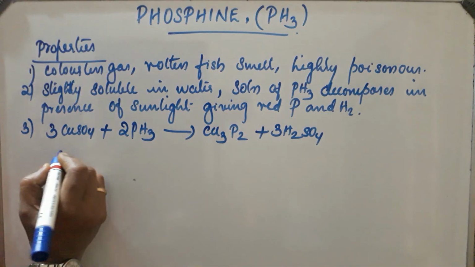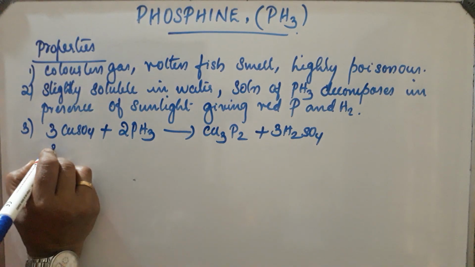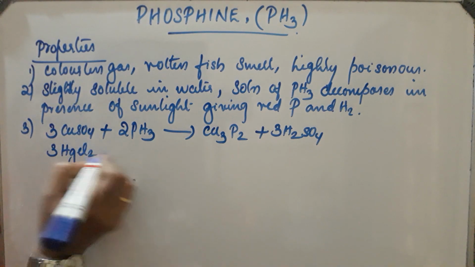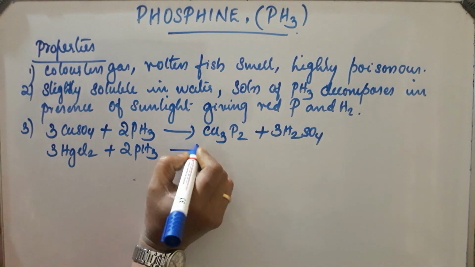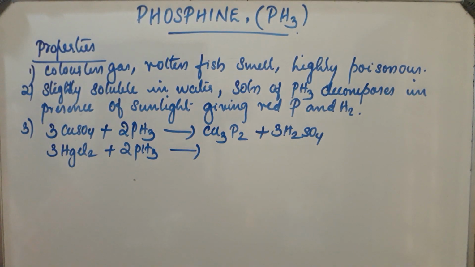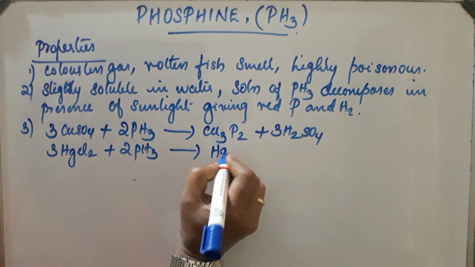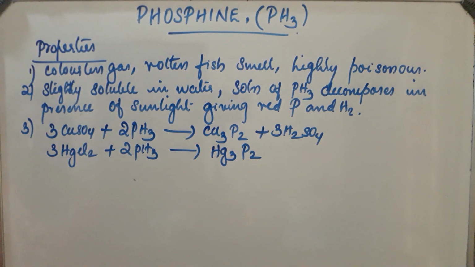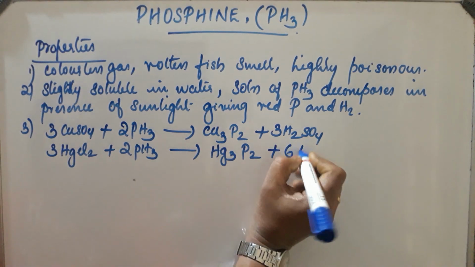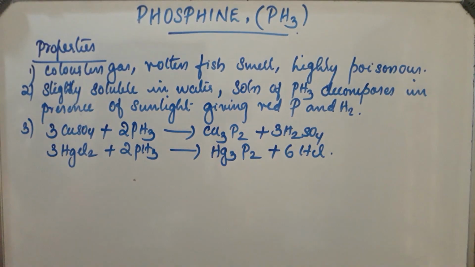Then with mercuric chloride, what happens? Phosphine gives Hg3P2, mercuric phosphide, and 6HCl. These are the reactions with copper sulfate and mercuric chloride.